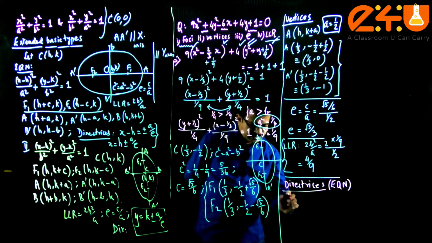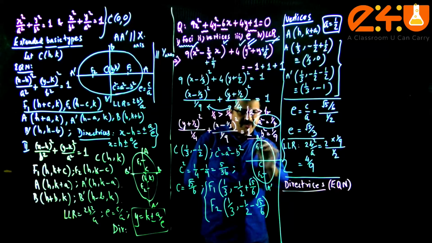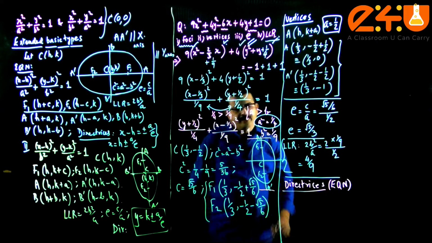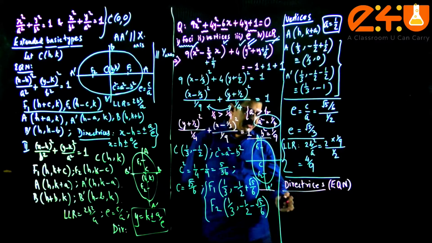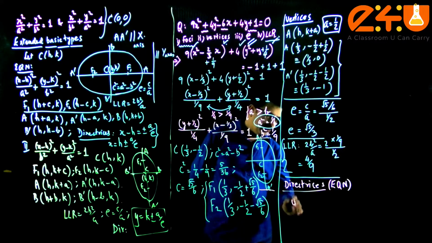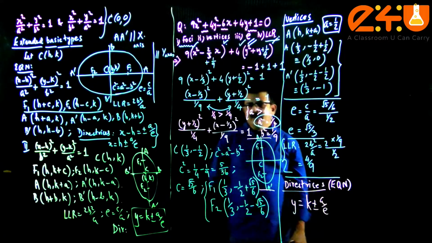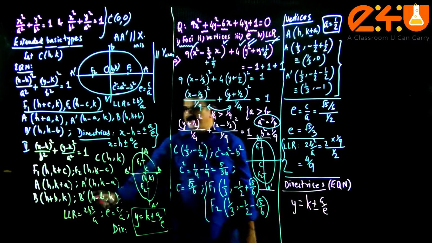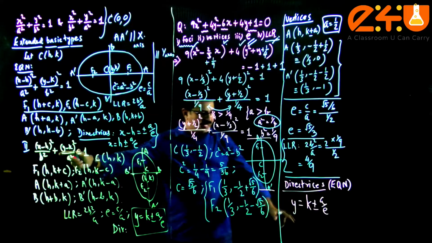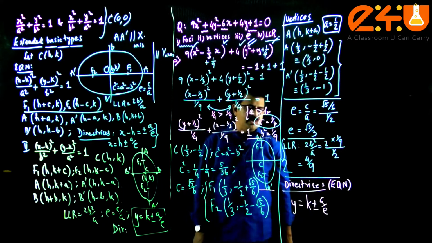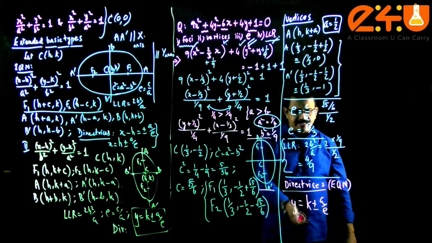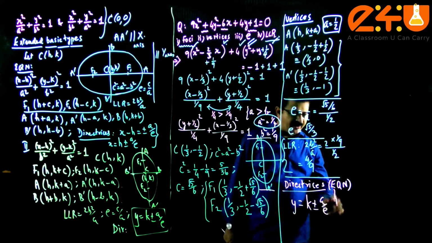Equation of directrices in this case, because it is oriented parallel to y-axis, we can say x equal to h, no change. So k plus or minus a by e. So the y minus k part is equal to plus or minus a by e. In other words, y is k plus or minus a by e.